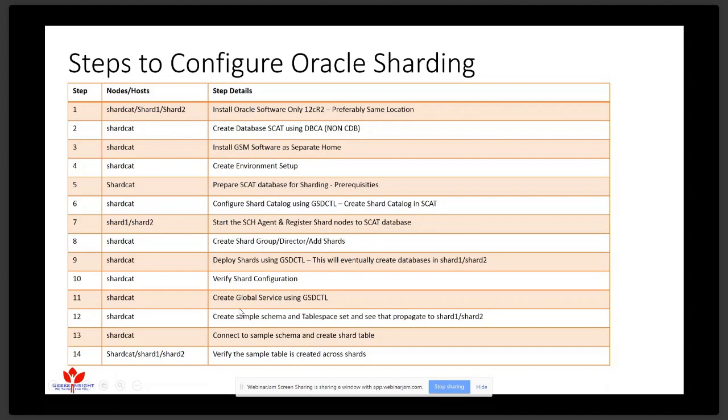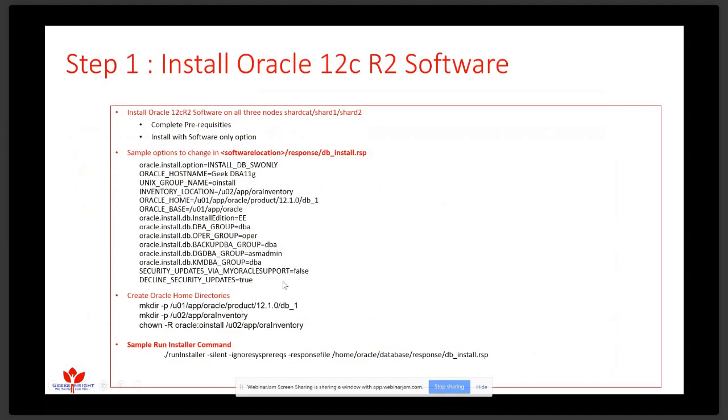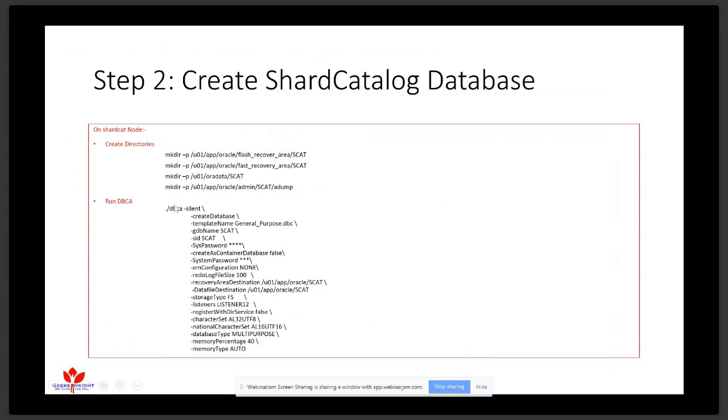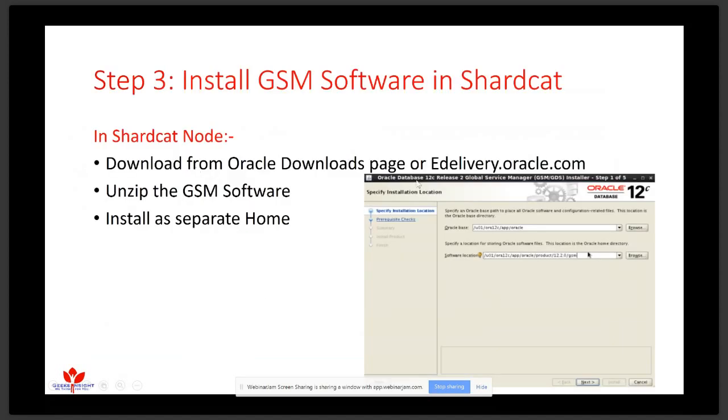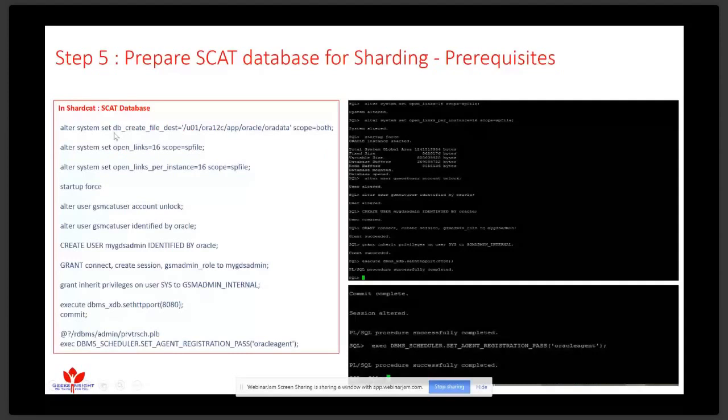So this is the first step, where we all know how to install. Those are the basic steps: create a shard catalog database on the shard catalog node, and then download your GSM software, which comes as a separate zip file. You can download that GSM software and install it as a separate home, and then complete some of the prerequisites, like destinations and open links.